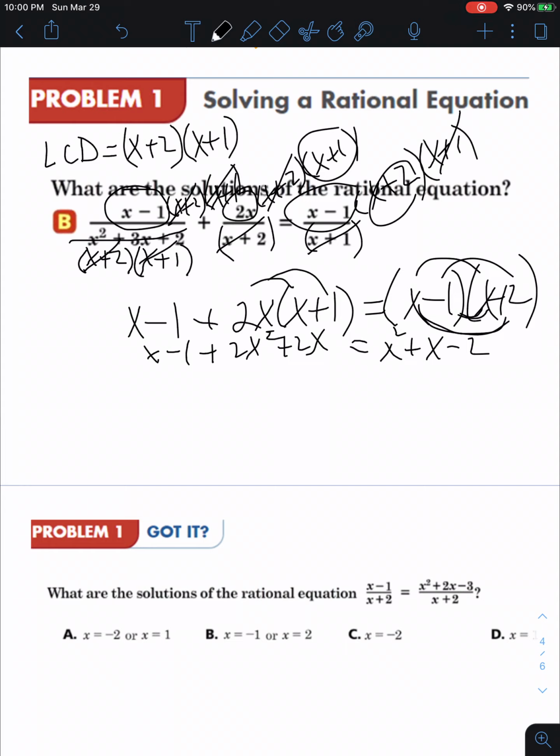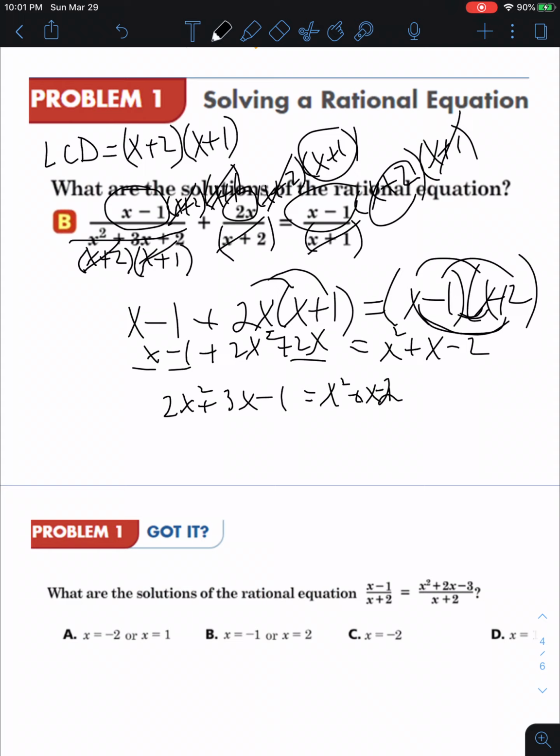So now if we combine like terms, there's x's there, so this would give me a 2x squared. Positive x, positive 2x would be plus 3x, and then there's the minus 1 equals x squared plus x minus 2.